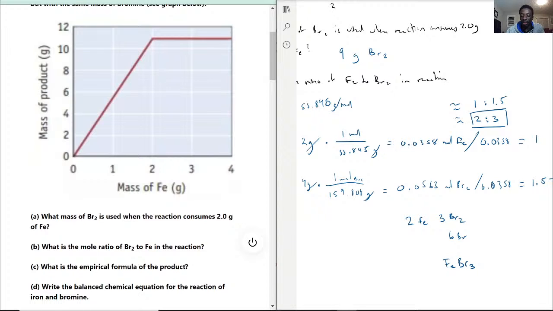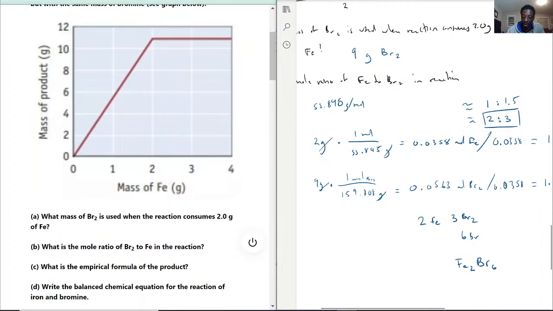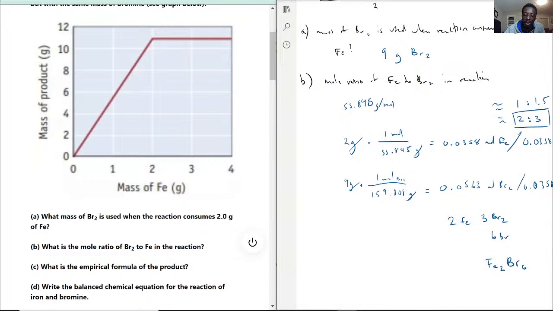But realistically speaking, because we established a 2 to 3 ratio, the empirical formula has to reflect that. So we actually have Fe2Br6. This is what I would put for now, as the empirical formula.